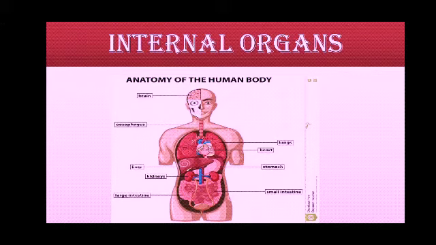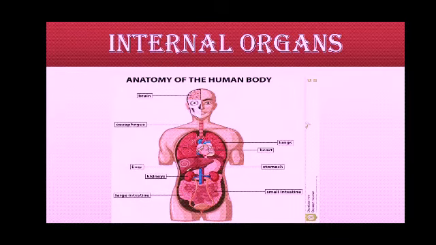So, these organs like brain, heart, stomach, lungs, liver, kidneys, intestines, etc. are the main organs of our body, and their primary functions are very important.